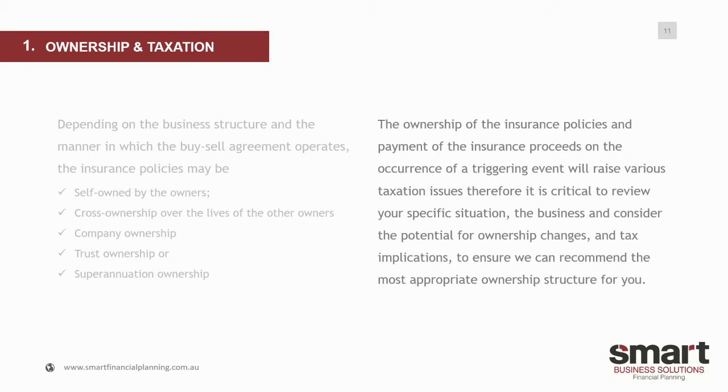Also, most importantly, review your specific situation and the business and consider the potential for ownership changes. For example, cross-ownership is not great if you're going to have a number of different potential ownership changes because you're going to need to get new insurance every single time. So we need to look at it and really come up with the most recommended structure for you.